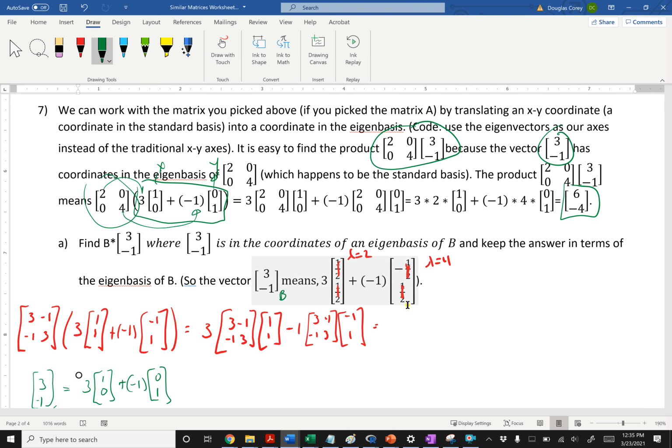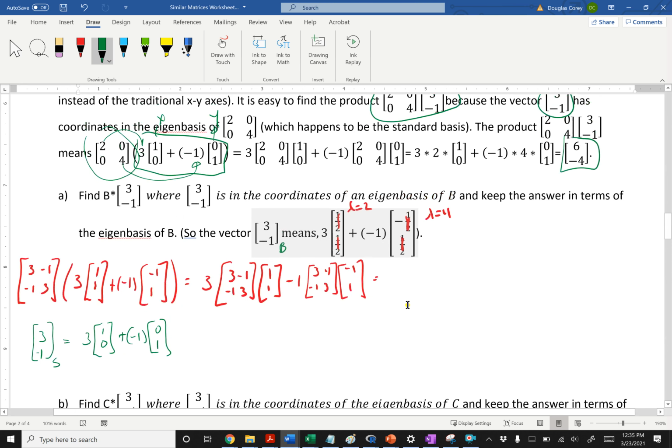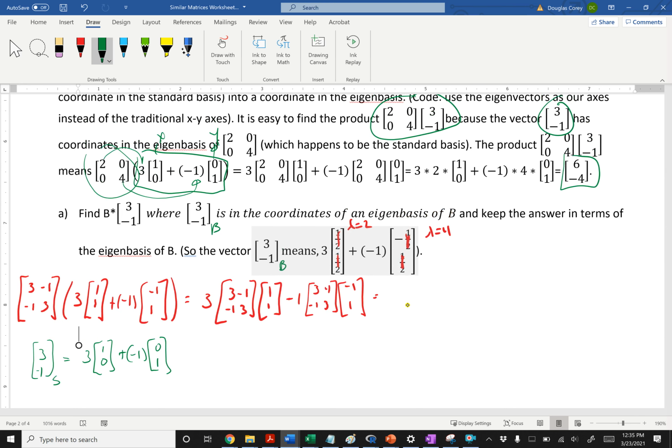And we can do the same thing with vectors of other bases. So we're not going to think about this as 3 and a minus 1 like this. We're not thinking about it this way, with the standard basis. We're going to think about it in the eigenbasis of B, where this is 3 of the vectors that get doubled and a minus 1 of the vectors that get quadrupled.